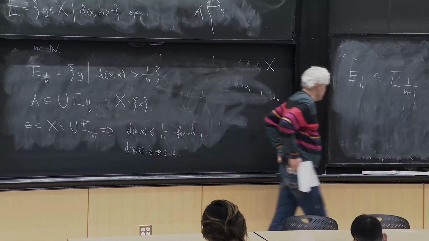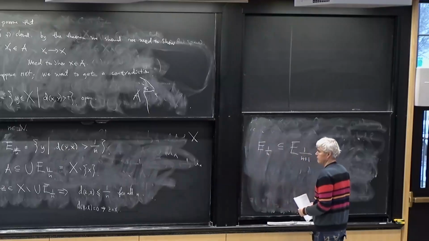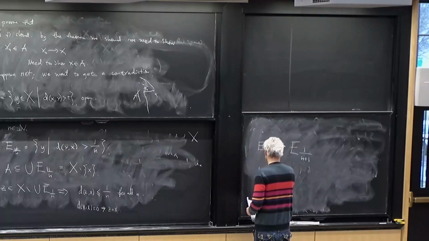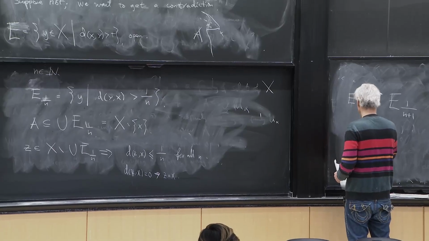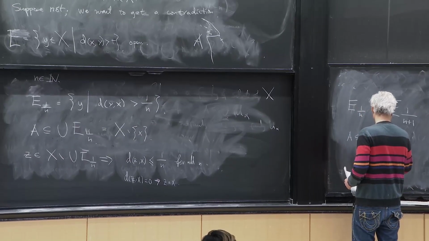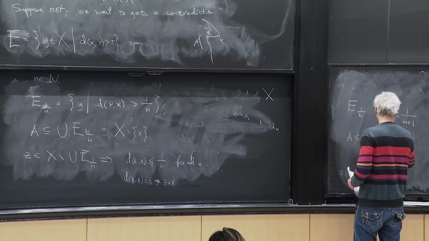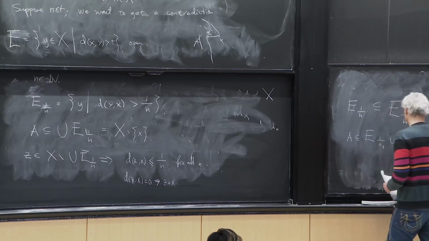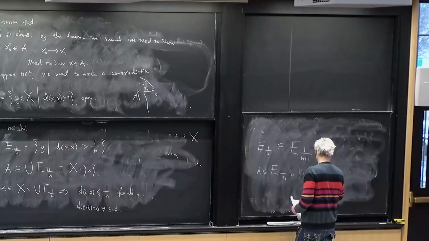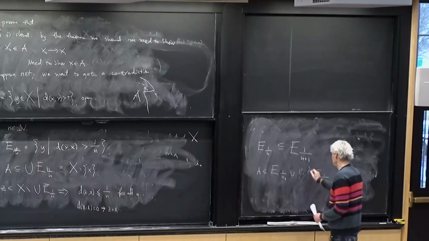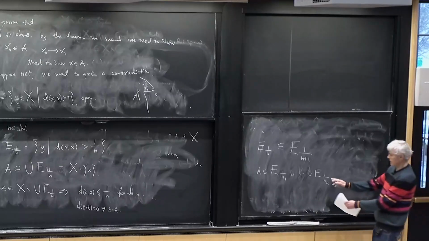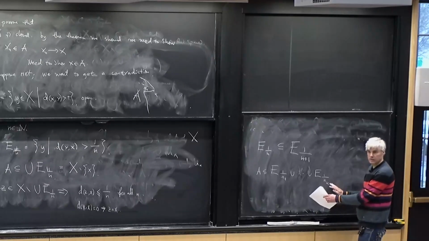So you have this, and you see that if A here was contained in finitely many of these sets, if it was contained in a union of finitely many, then you just take the one of these ni's that is the largest.